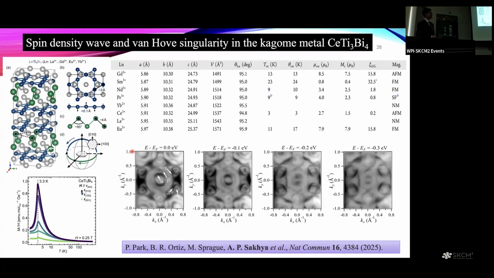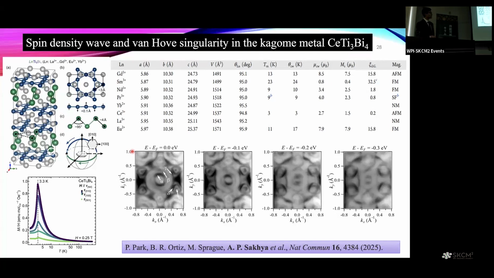These samples are easily cleavable, and you can see the data is also very good. You have these elongated pockets, which indicates this is the gamma M direction. So we can easily identify the high symmetry points. And once you identify the high symmetry points, it's easy because you can take a cut along either this direction or the gamma M prime direction.